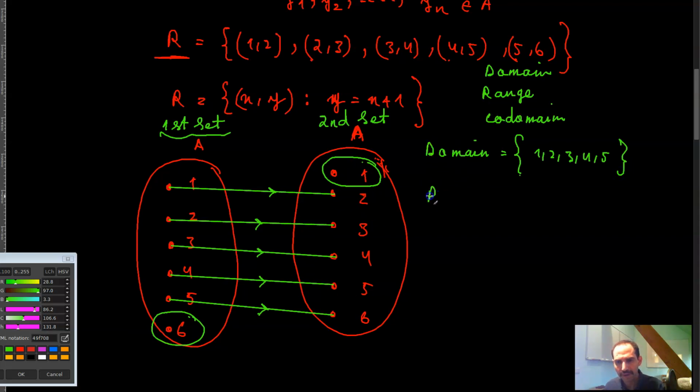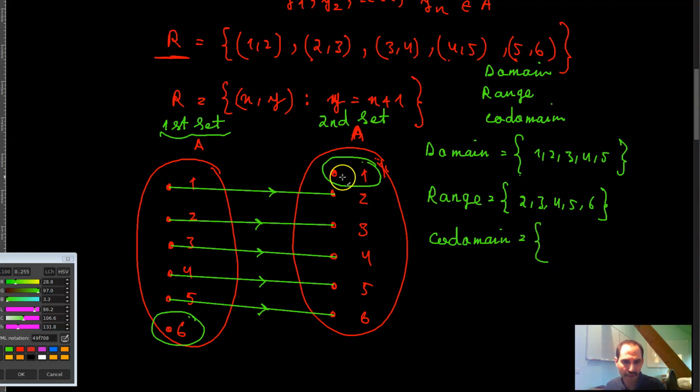The range of R is all of these elements that have been mapped to: 2, 3, 4, 5, and 6. And the codomain of R is all of the elements of A, even the elements that have not been mapped to. Meaning that you have 1, 2, 3, 4, 5, and 6, which is equal to the set A.